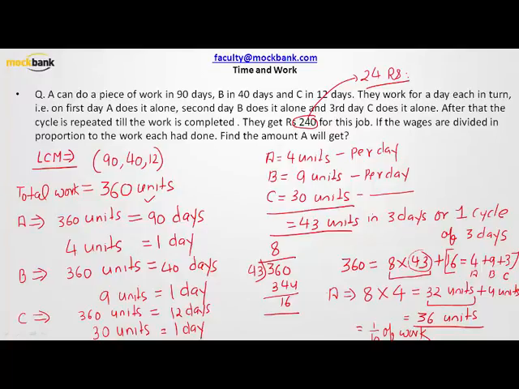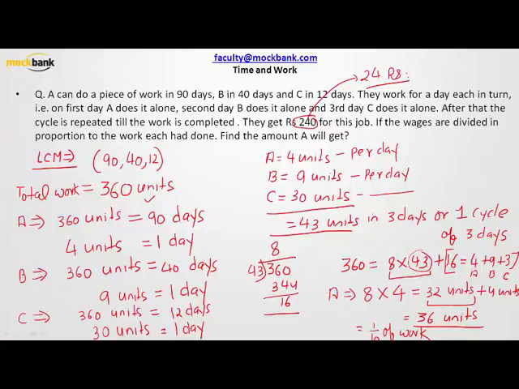Right? So in one cycle, because they are going to work on alternate days, in one cycle they would be able to finish 43 units in one cycle of 3 days.